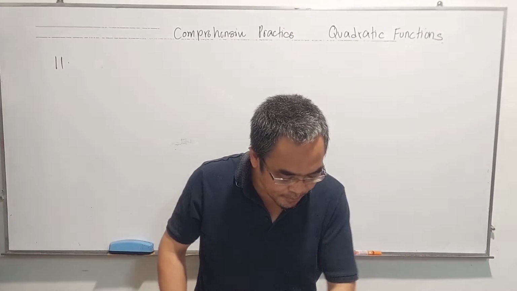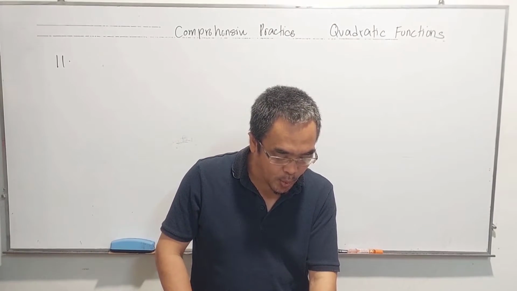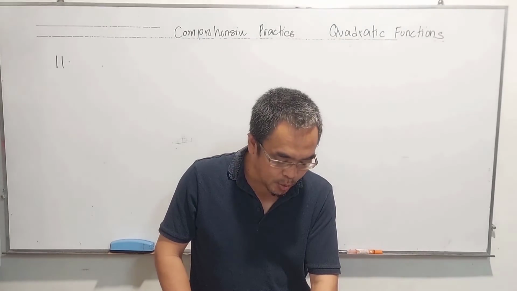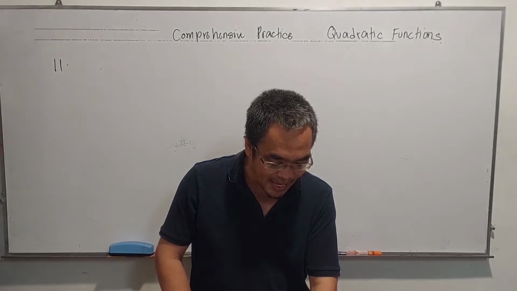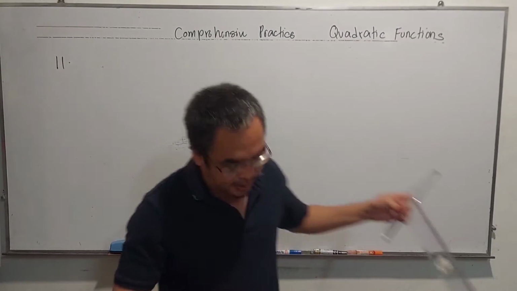Okay, question 11. The length of a rectangle is x plus 1 centimeter and its width is 5 centimeter less than its length. So let's draw a rectangle.